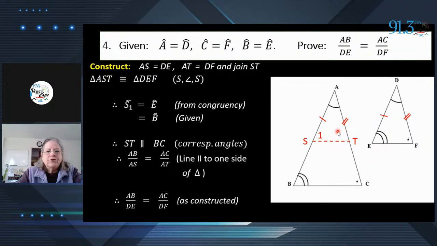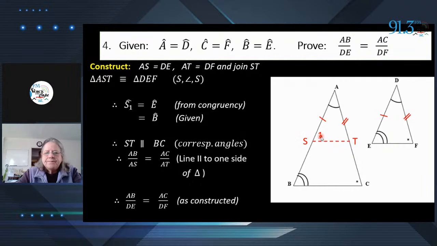All right? And to do that, we have a side, and we have a common angle, and we have another side. So in the congruency rules, we are using side, angle, side to conclude that these 2 triangles are congruent. And by congruent, we mean they are exactly the same, in other words, the same in shape and the same in size.